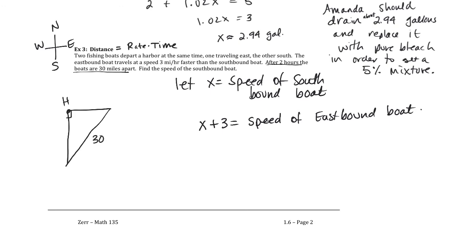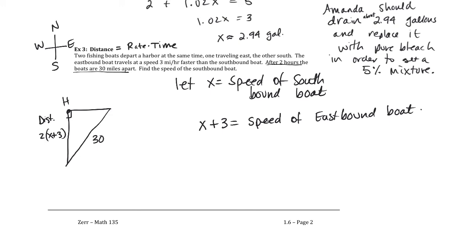Okay, so what's the distance here? Because rate times time is equal to distance, if we take the rate of the southbound, x plus 3, and we multiply that by the hours, that's equivalent to distance traveled by that boat.